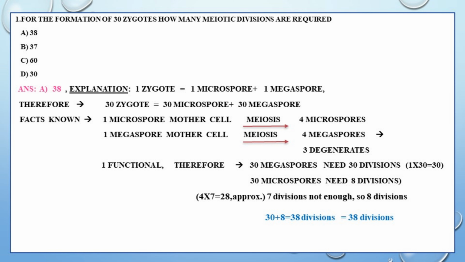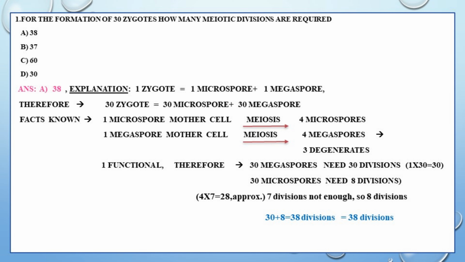Therefore, 30 megaspores needed for 30 divisions. 30 megaspores will form from 30 divisions. And regarding the microspores, we need 8 divisions. 4 into 7, 28. So approximately we'll go for 8 divisions.